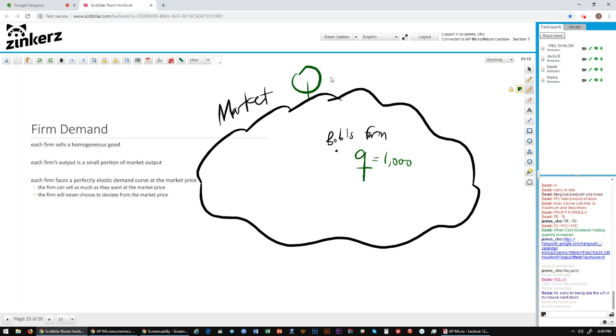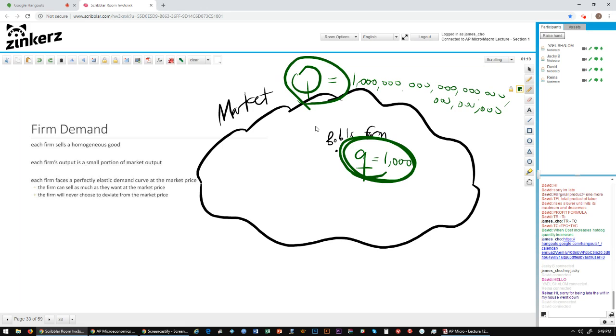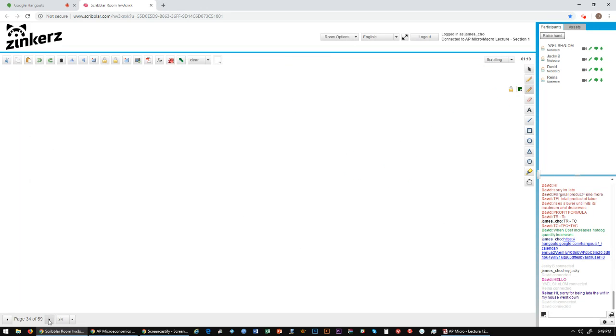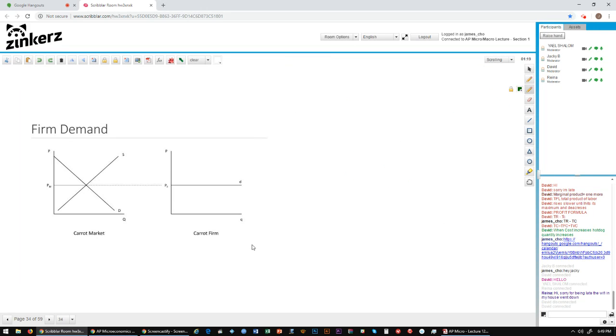But the overall market quantity of carrots is going to be so much bigger than that that it doesn't even matter. So firm quantity is ridiculously small compared to market quantity. We're going to draw the carrot market, and right next to that, we're going to draw the small individual carrot firm.